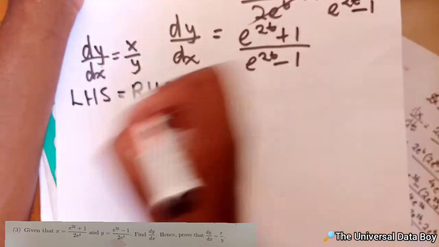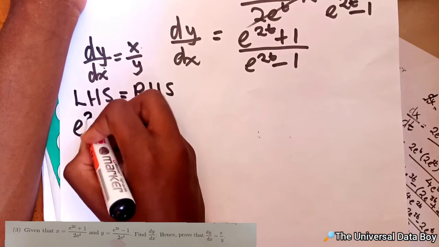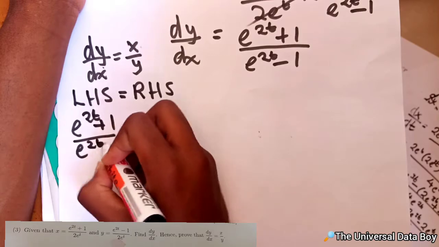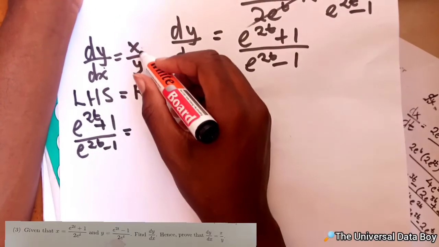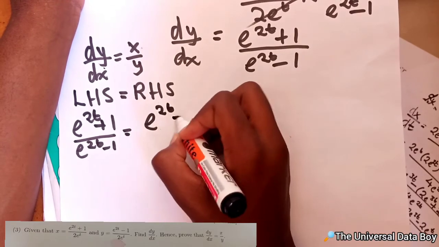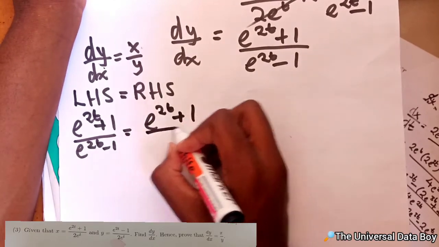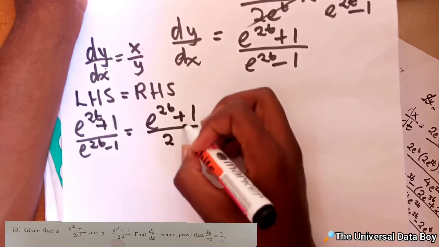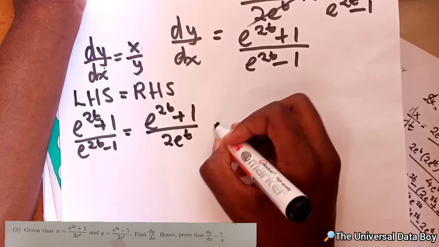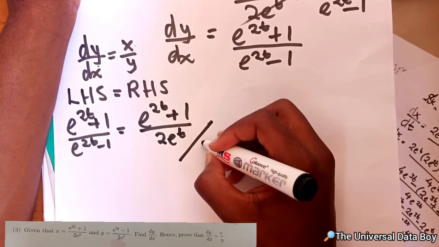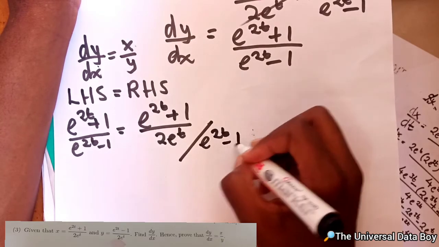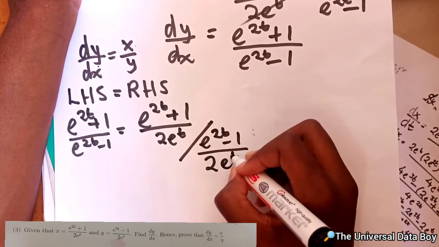So on the left hand side we're going to have e to the power 2t plus 1 over e to the power 2t minus 1, which is equal to our x. Our x was e to the power 2t plus 1 over 2e to the power t. Then this was being divided by our y, which is e to the power 2t minus 1 over 2e to the power t.